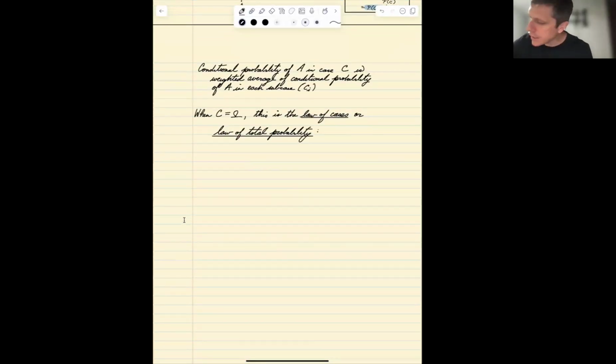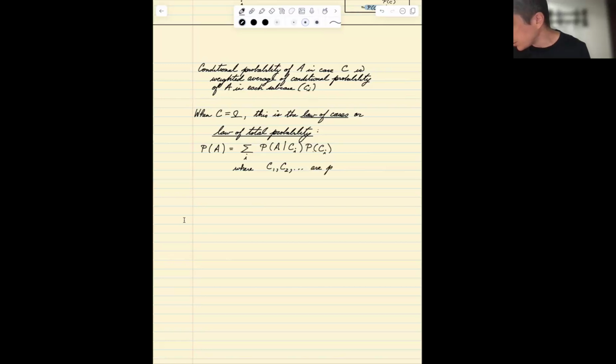The probability of A given omega is just the probability of A. It's a weighted sum of the probability of A given each of the cases Ci, times the probability of Ci, where the Ci's are a partition of omega. So that's the law of total probability.